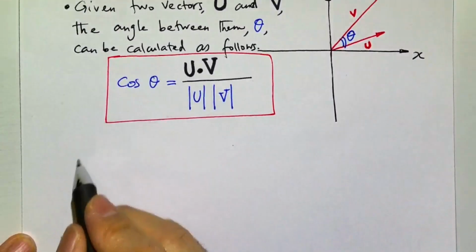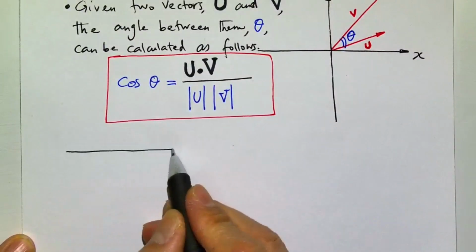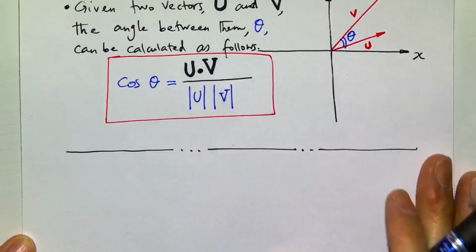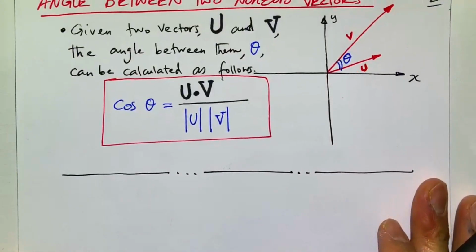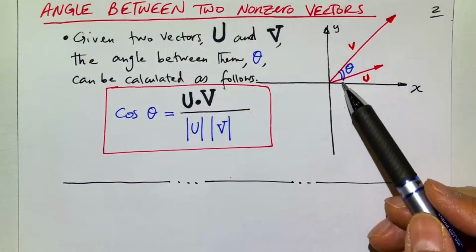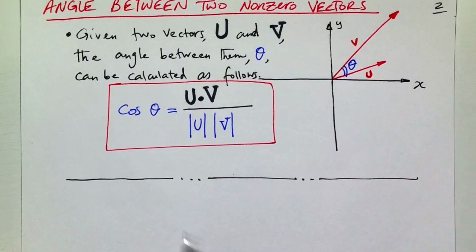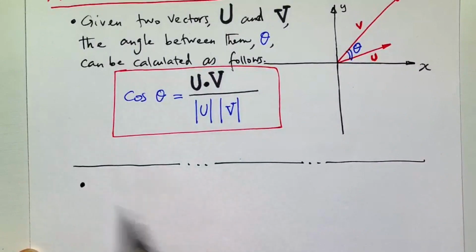Since we're talking about angle, now, if that angle between the two vectors is 90 degrees, that has a significance. And so let's say a few words about that.